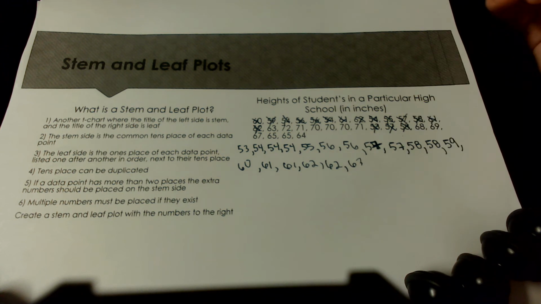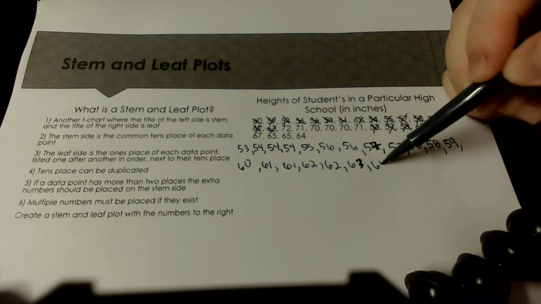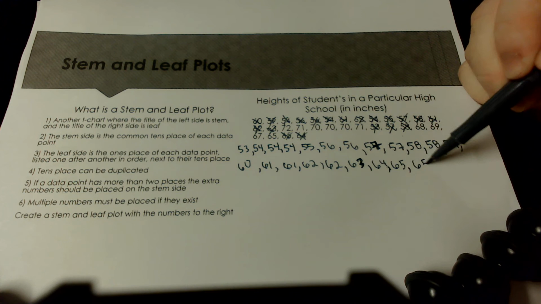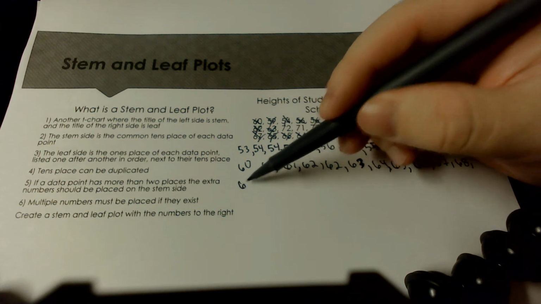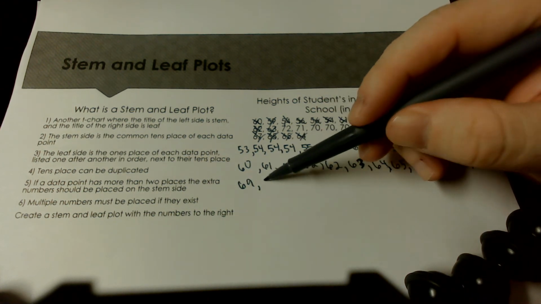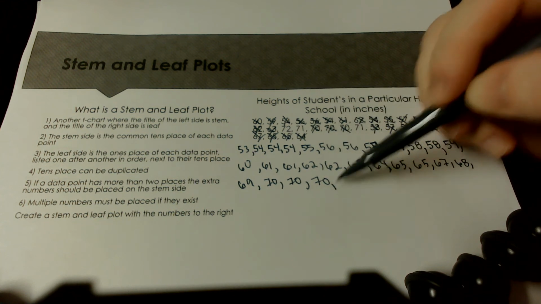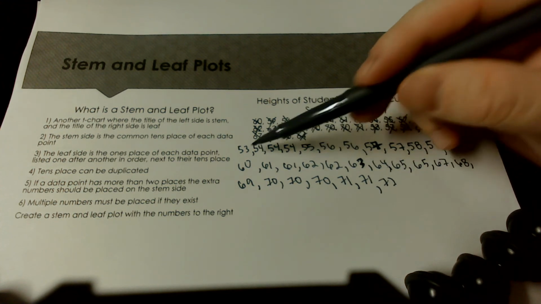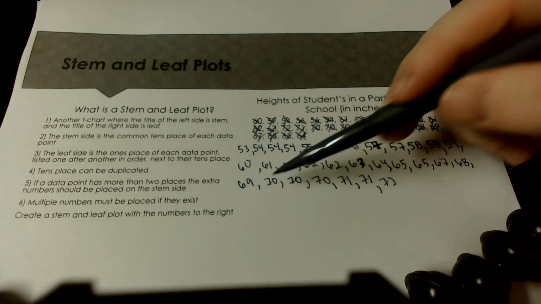Let's see. Almost done now. Just to double check, 1, 2, 3, 4, 5, 6, 7, 8, 9, 10, 11, 12, 13, 14, 15, 16, 17, 18, 19, 20, 21, 22, 23, 24, 25, 26, 27, 28, 29, 30.